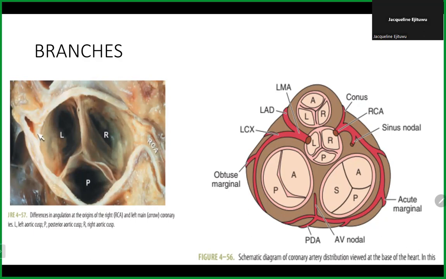So this is the right coronary artery here, and this is the left main coronary artery and its bifurcations. This is the pulmonary valve, mitral valve, and then the tricuspid valve and their leaflets. Next slide.